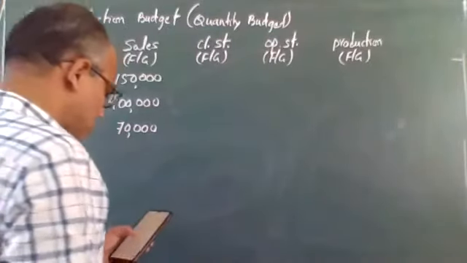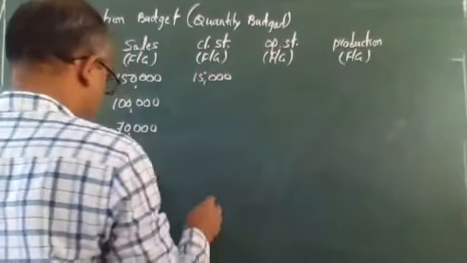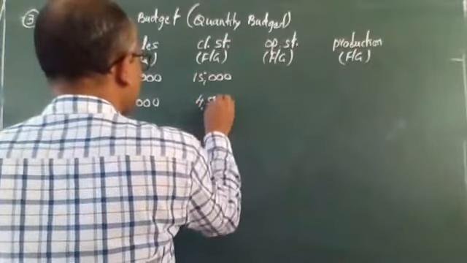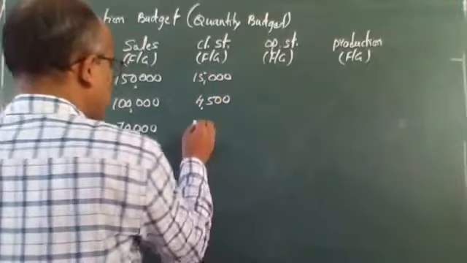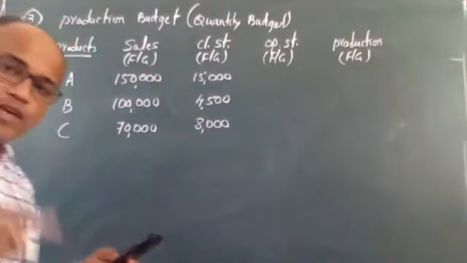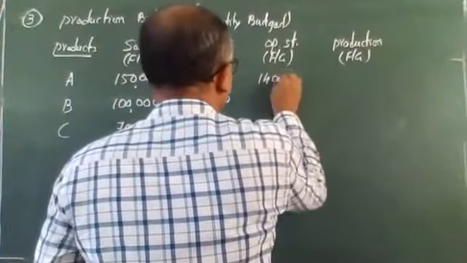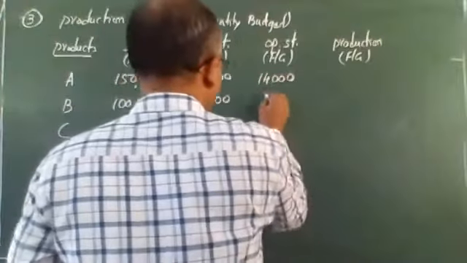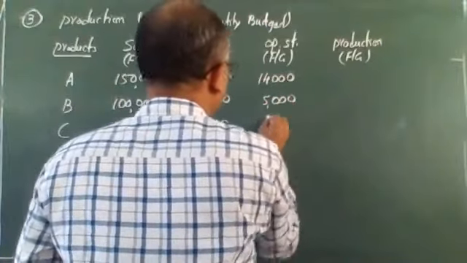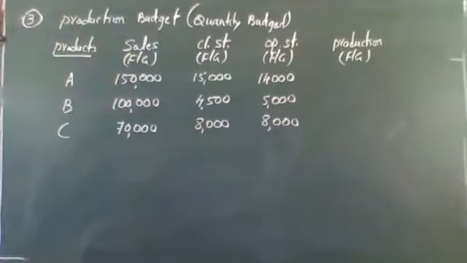So closing stocks are 15,000, 4,500 and 8,000. Then I wanted opening stocks, that is July 1st, 1986, which is given as 14,000, 5,000 and 8,000.